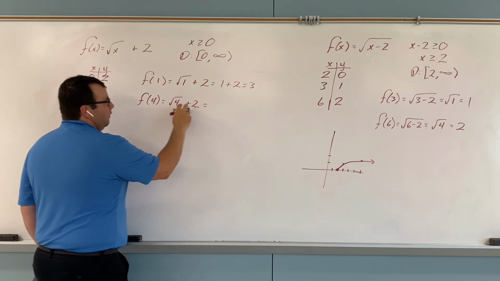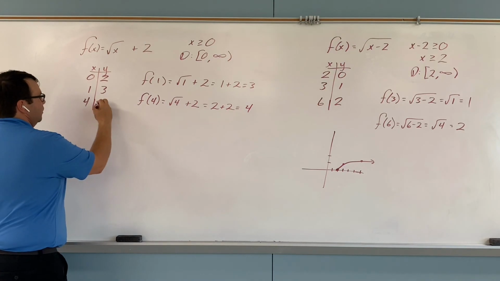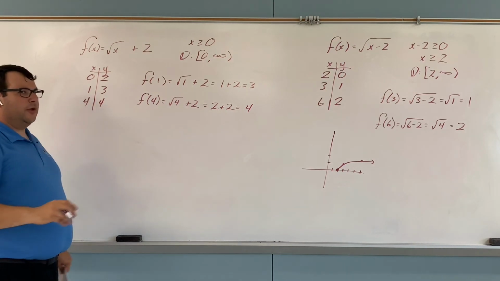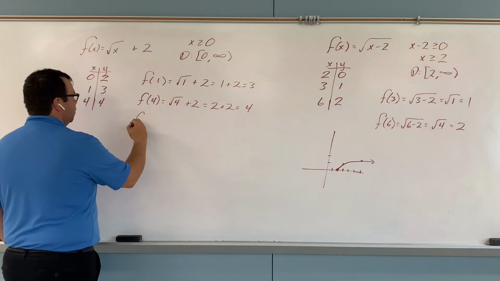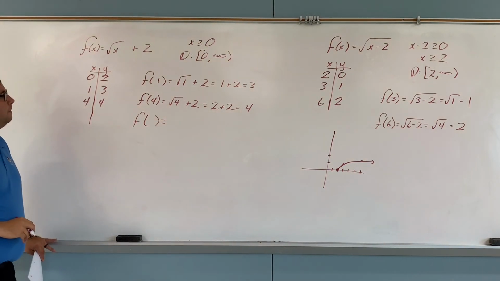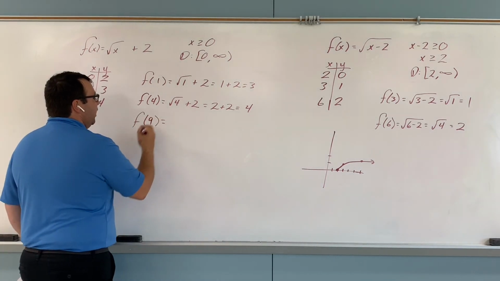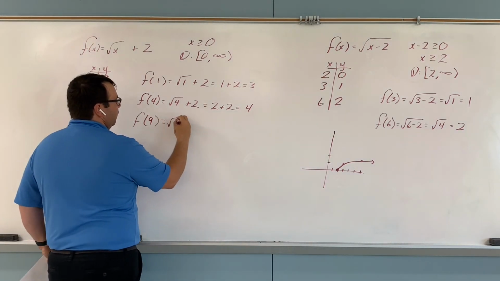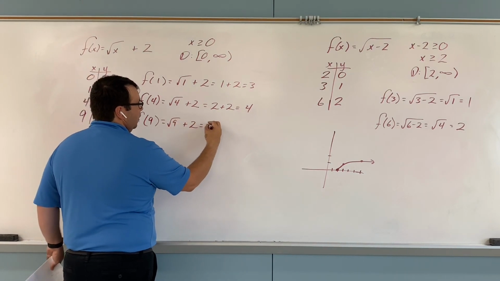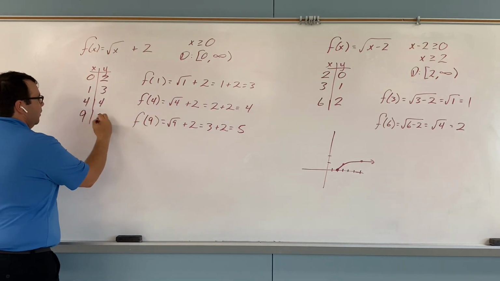Square root of 4 is 2, so that's 2 plus 2, which is 4. Just for giggles, what would be my next functional value that I would want to use? How about 9? If I plug 9 into this problem, that would be the square root of 9 plus 2, which is technically 3 plus 2, which is 5.